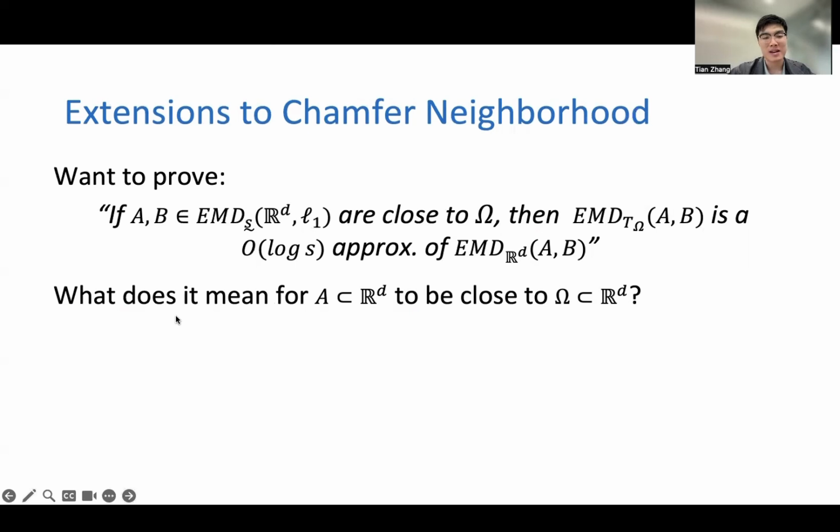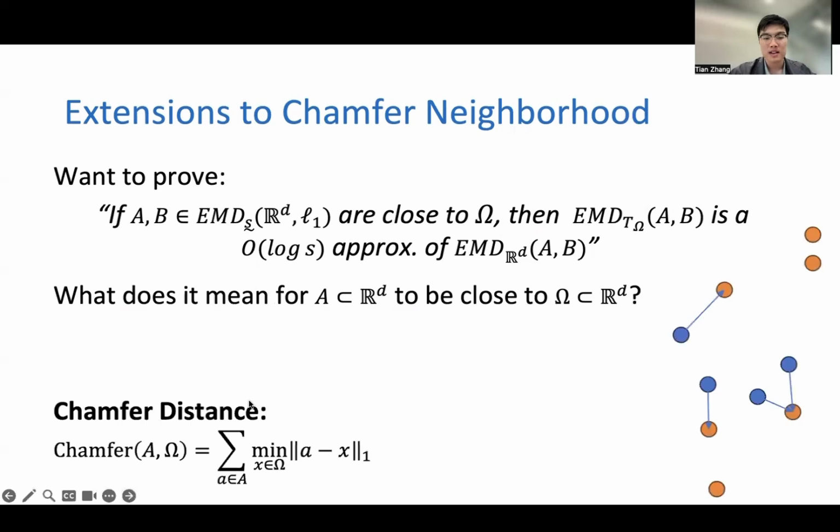So now I'm going to define what I mean by being close to the subsample. Well, it turns out that there is a natural definition for that. It's the chamfer distance. So how do we measure the distance between an EMD point to the subsample omega?